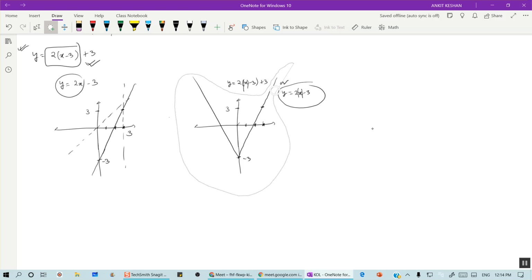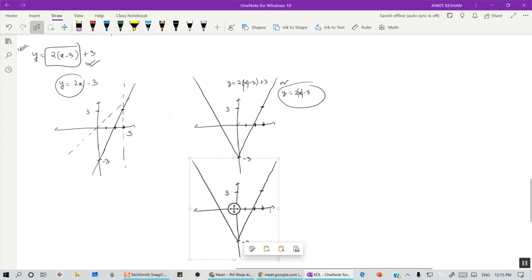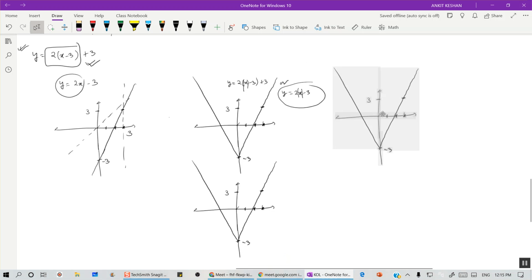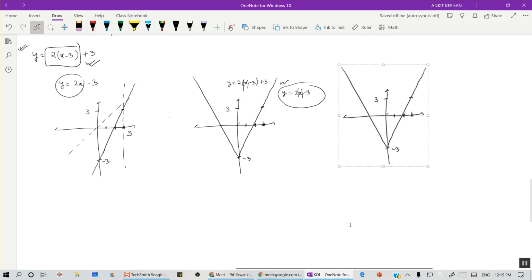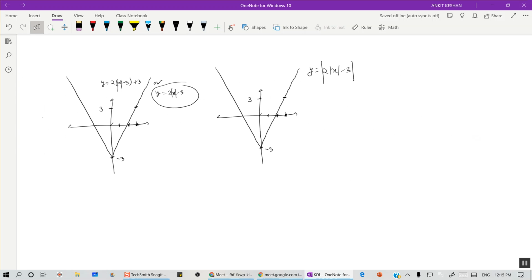At first, I'll copy this. This is my y equal to 2 mod x minus 3. I put mod again over the entire function. What I'll get? I'll get this.